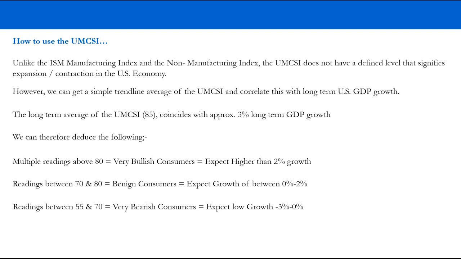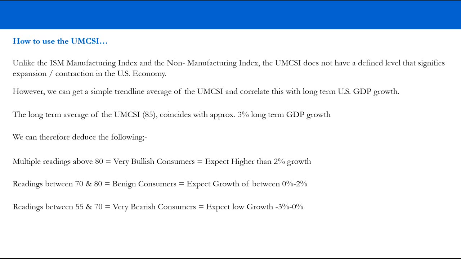So we can deduce the following really. If the readings of the University of Michigan Consumer Sentiment Index are above 80, then it means we've got bullish consumers. We can expect a higher than 2% GDP growth.